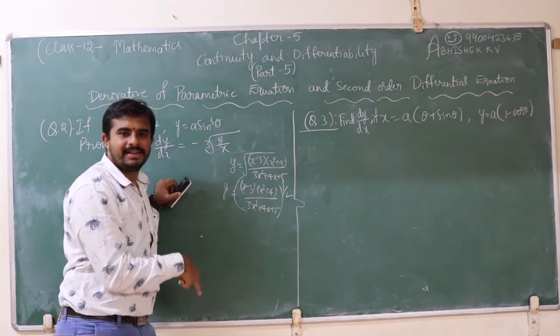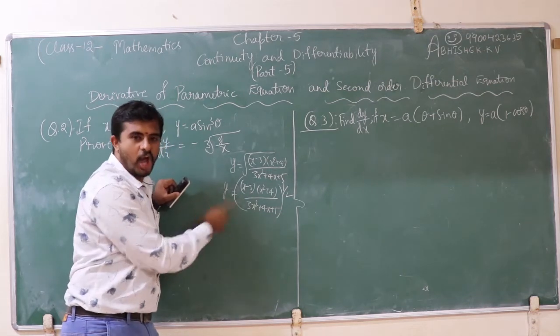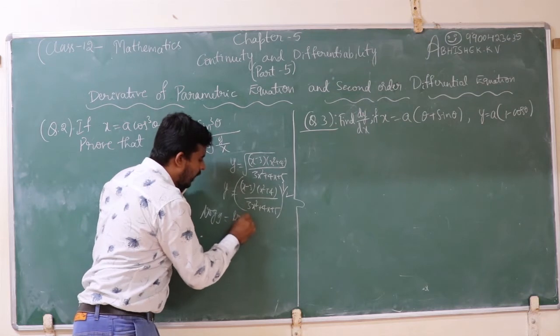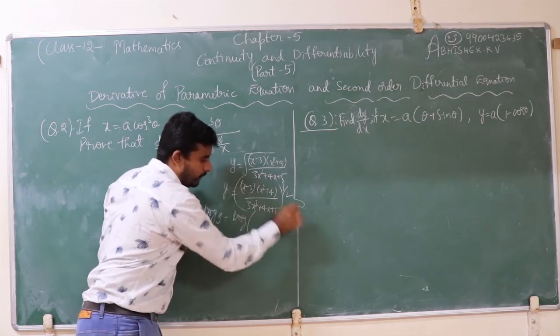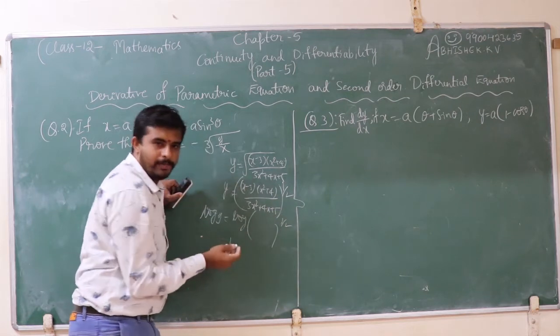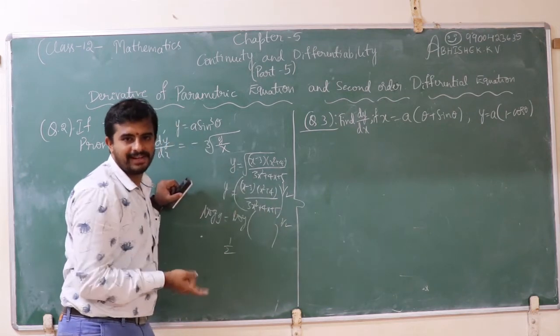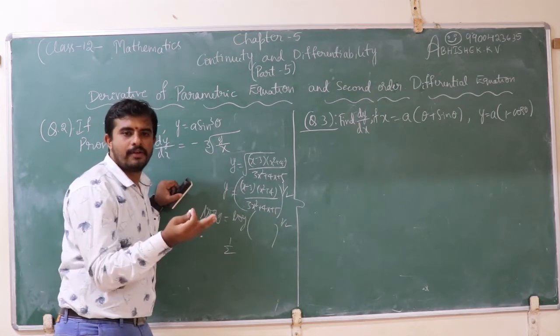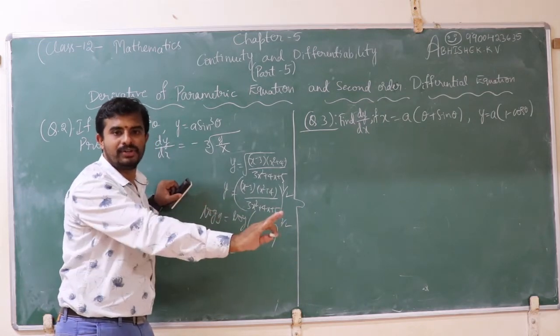This can be simplified by taking log on both sides. Then log y is equal to log of this whole to the power of 1 by 2. Log of something to the power of 1 by 2 can be written as 1 by 2 times log, using the property log x to the power of n. You only come to know which form they have given and which format we need to derive.